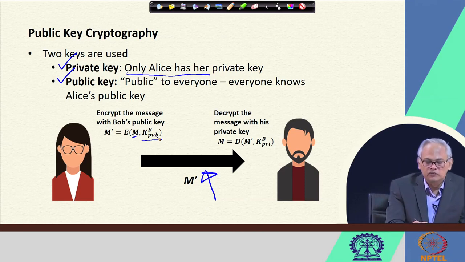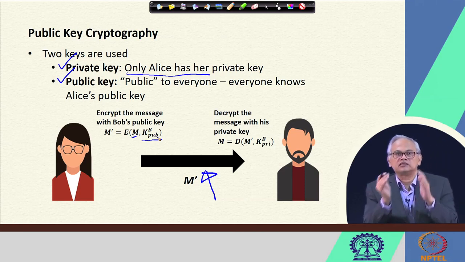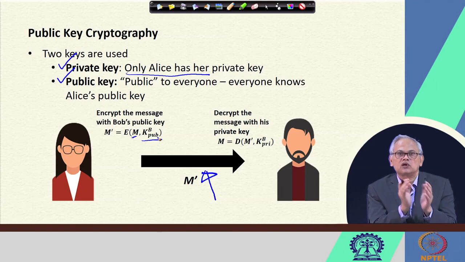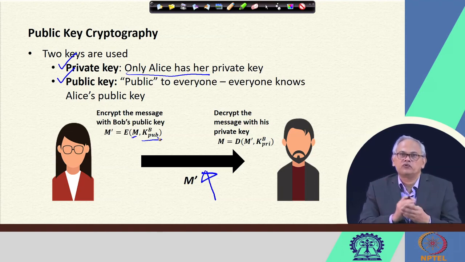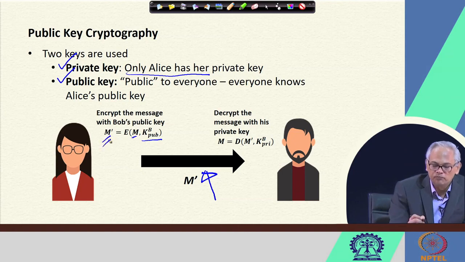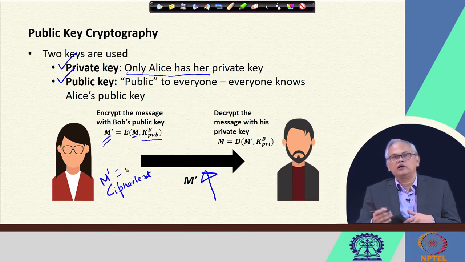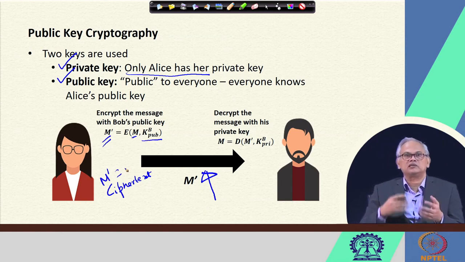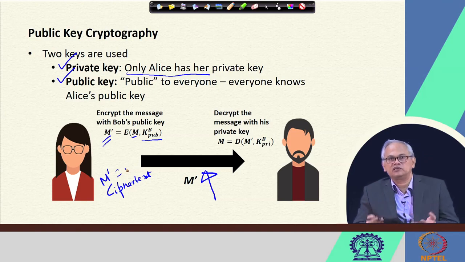We represent this encryption process as this tuple: the message, comma, then the key used for encrypting it, and doing that we get this M prime. This M prime is the ciphertext. This is spelled as CIPHER and sometimes CYPHER, but they mean the same.